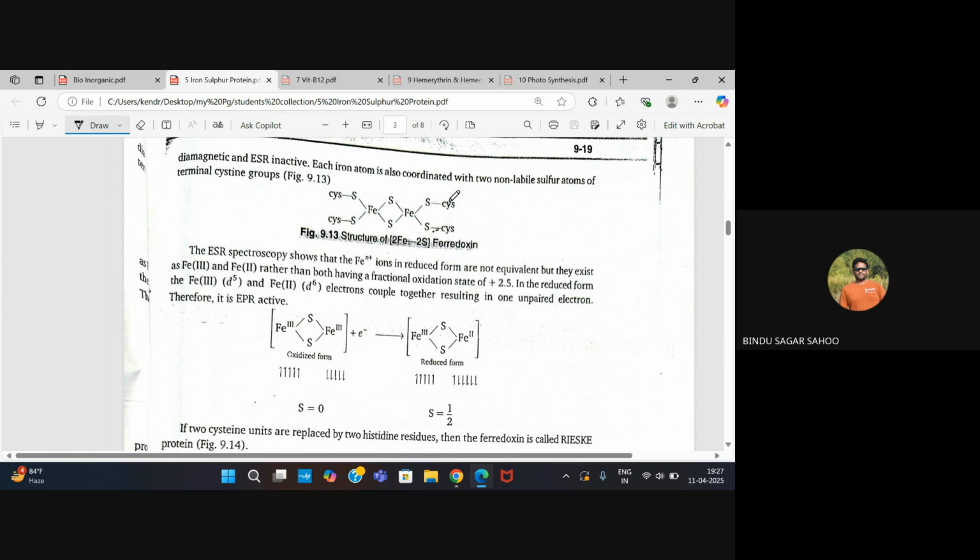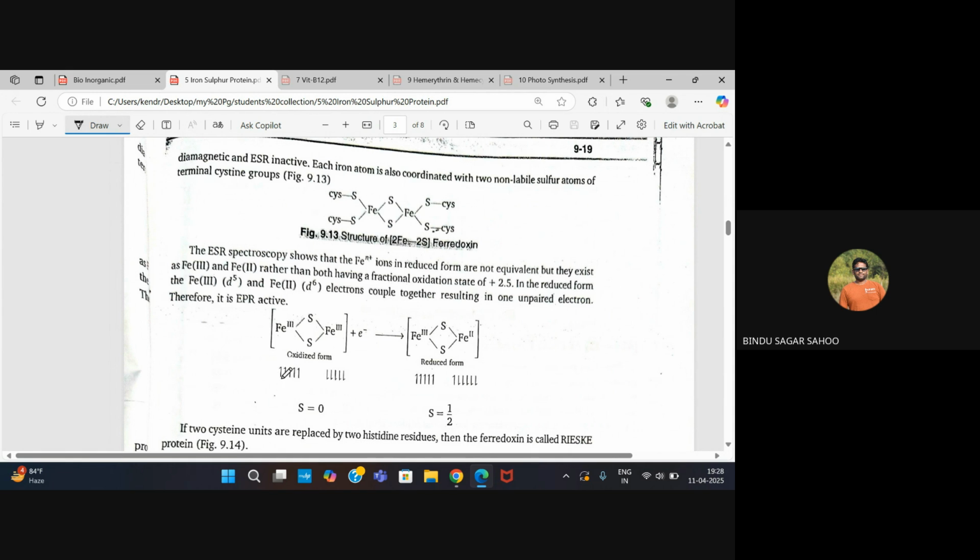When a sulfur is coming from an amino acid, we cannot say it is inorganic sulfur. It is an organic sulfur. So when this type of iron sulfur protein is present, what will be the spin value? Suppose in the oxidized form, here also Fe3+, here also Fe3+ is present, then what will be its d electronic configuration? Fe3+ means d5, high spin, d5 high spin.